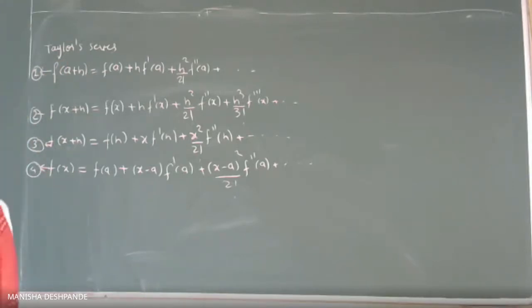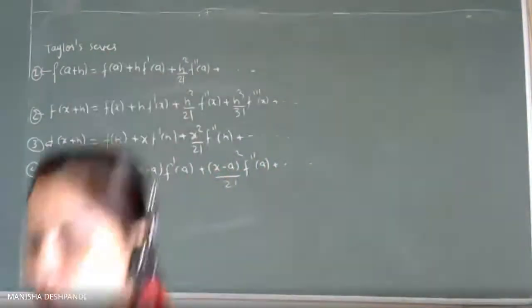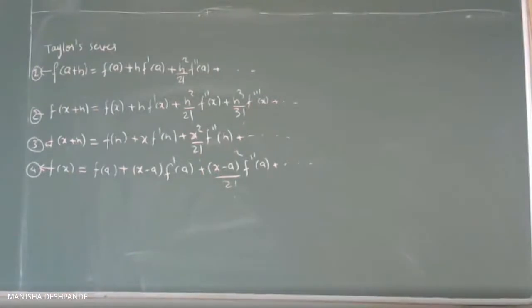Take down. Using Taylor series expansion, find the value of sine 30 degree 30 minutes. Sine 30 degree 30 minutes.